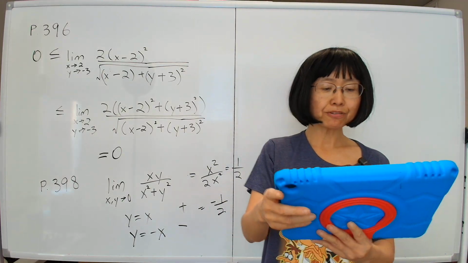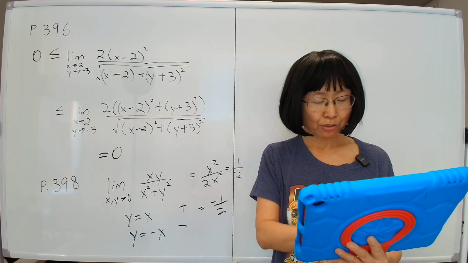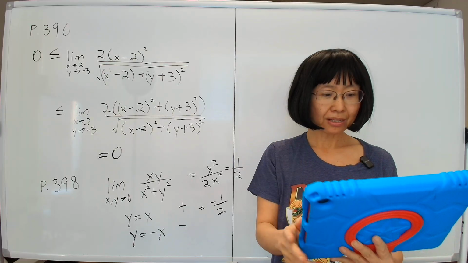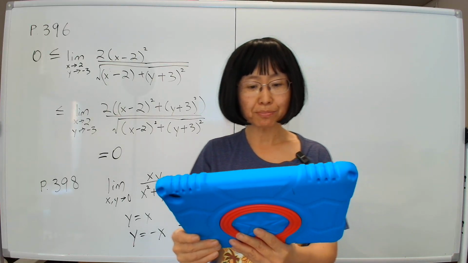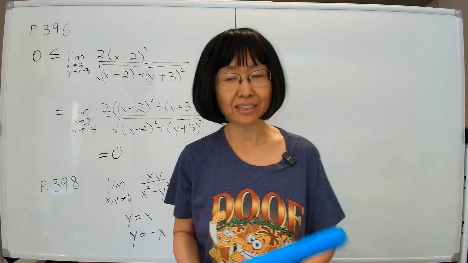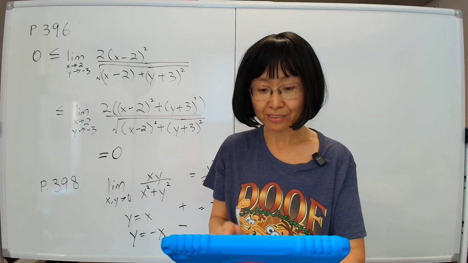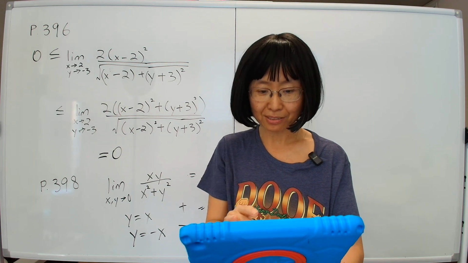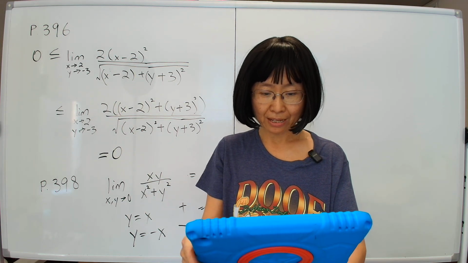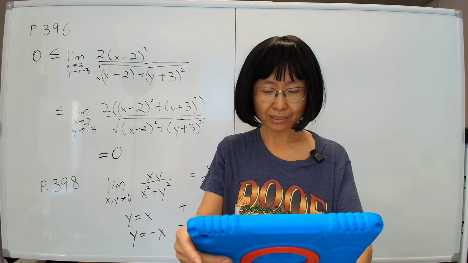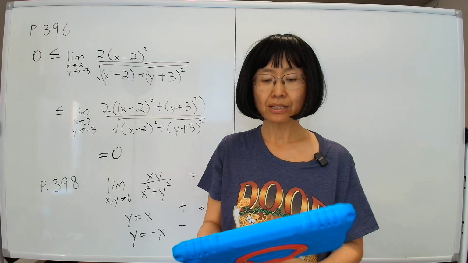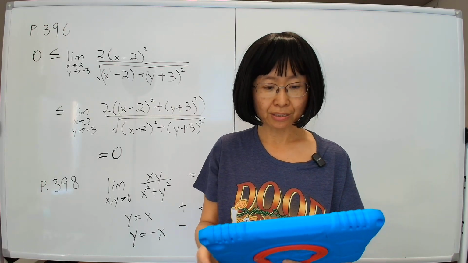Continuing at the bottom of page 398, we have theorem 4.6: differentiability implies continuity. That is true in 1D and definitely true in 2D. If it's differentiable, it better be continuous. We're not going to prove that, but we're just going to look at the next page. And of course, the opposite is not true.